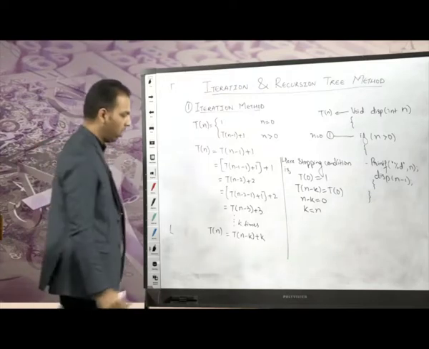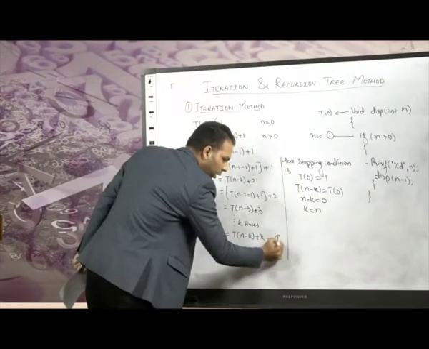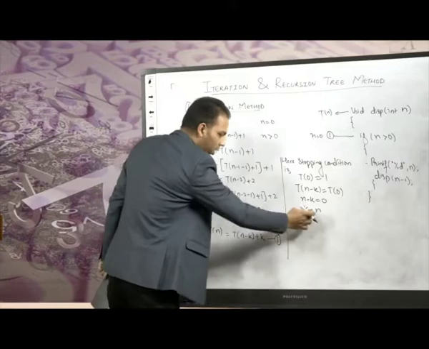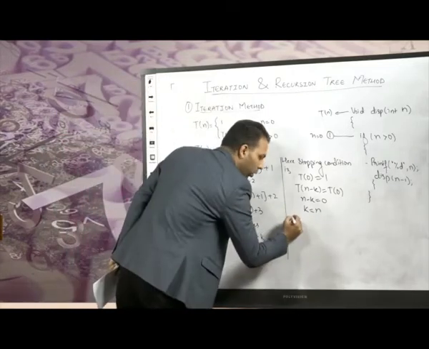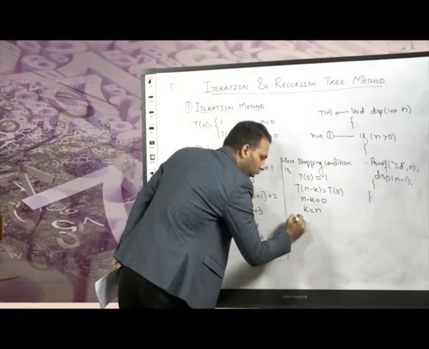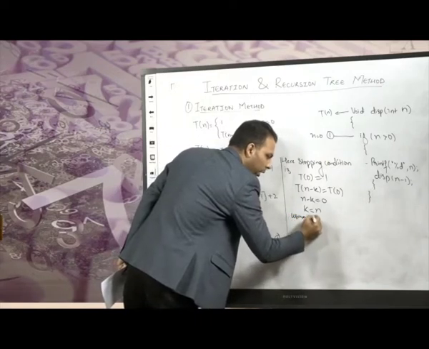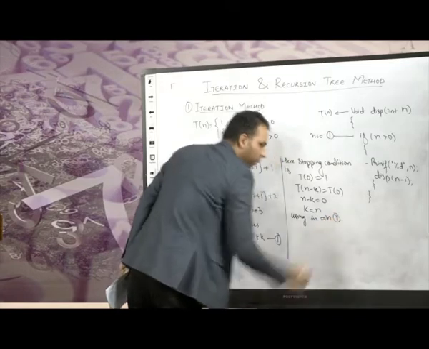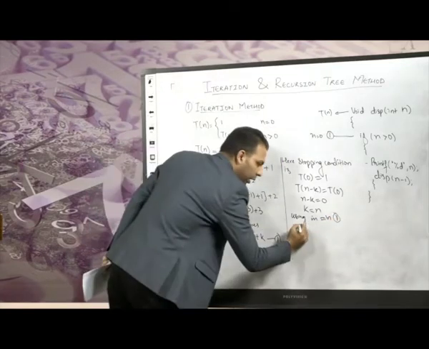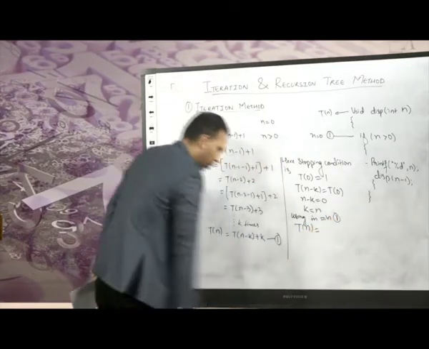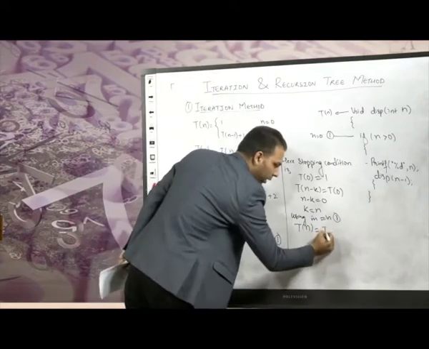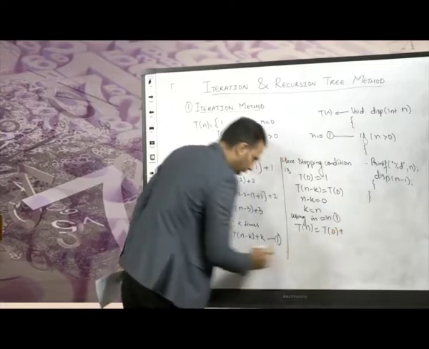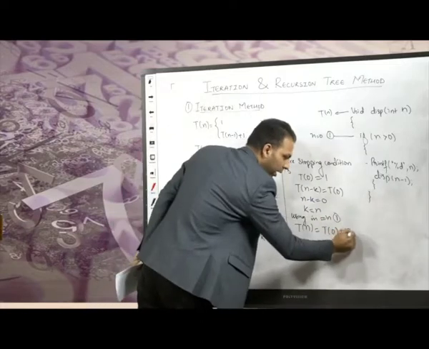Fine. So what we'll do is substitute k equal to n in equation 1. Using it in equation 1, we'll get Tn is equal to T0 plus, for this k, we can write n.